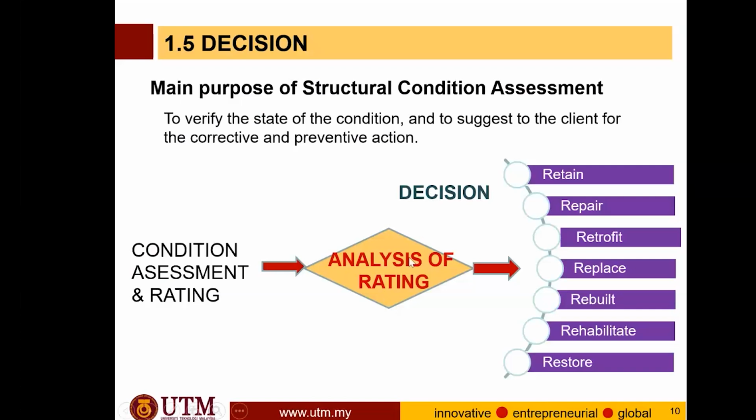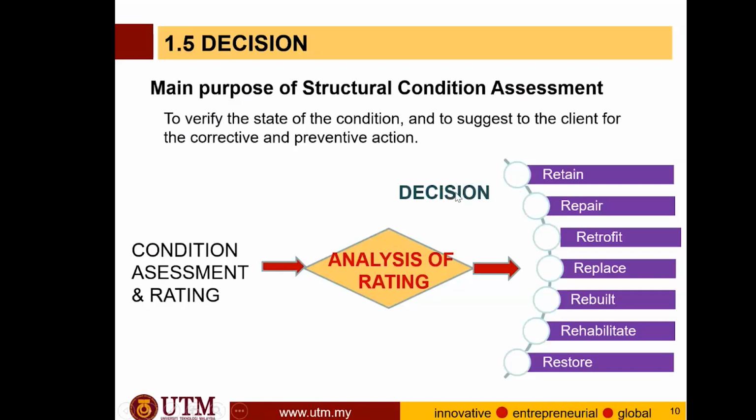Okay, after you analyze the rating, the analysis of rating itself is quite long, and I don't think we can cover it in a very short topic here. Decision.